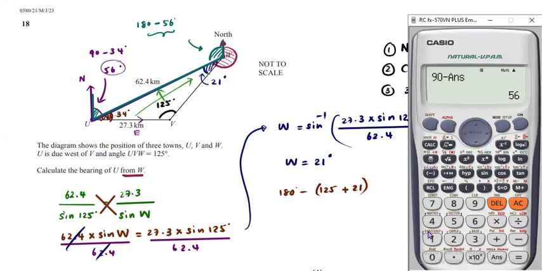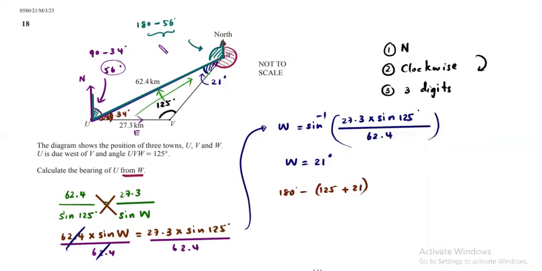So from 180, let's deduct 56. When we do that, we get 124 degrees. So this angle is 124 degrees. Now I can find the angle that I have marked in pink, because that is the angle that we need to calculate.